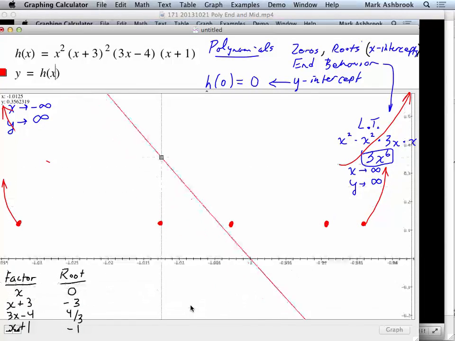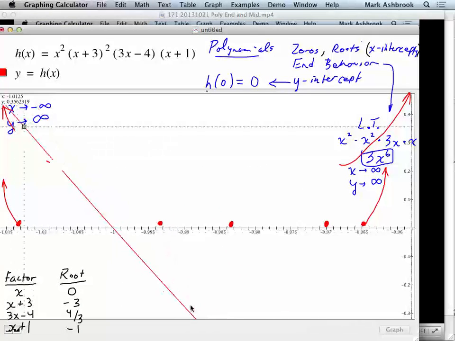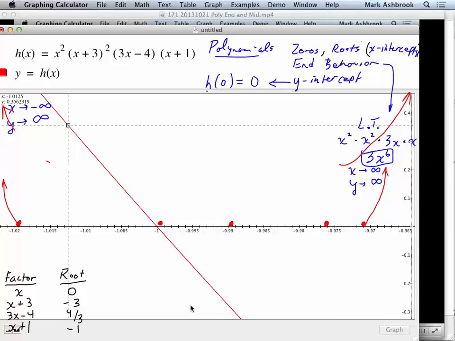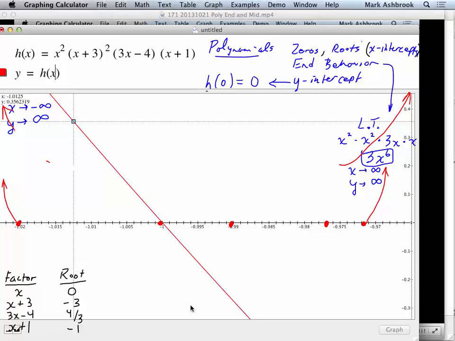So there he goes, right there. So there I am. I've zoomed in at -1. What do you see? Okay, so what in the formula is consistent with that? It agrees with that.